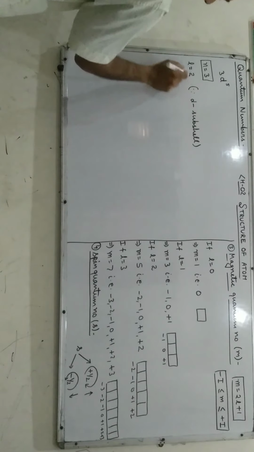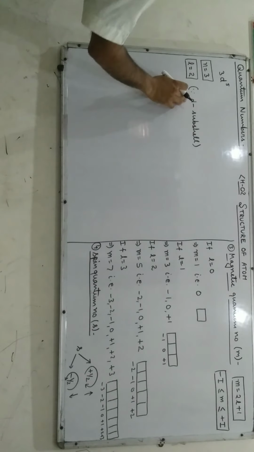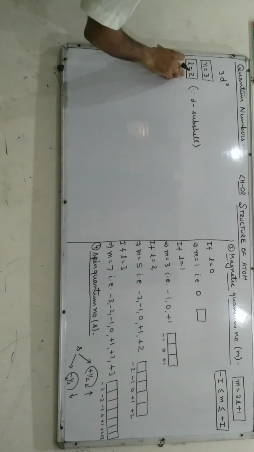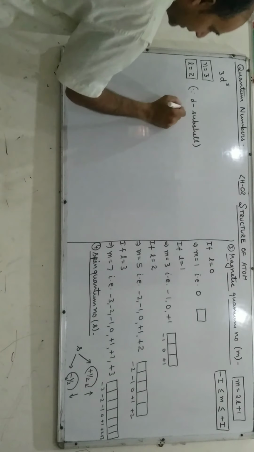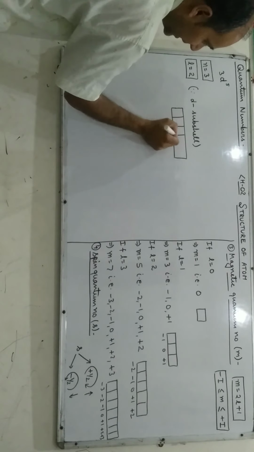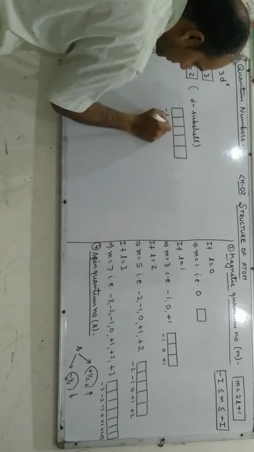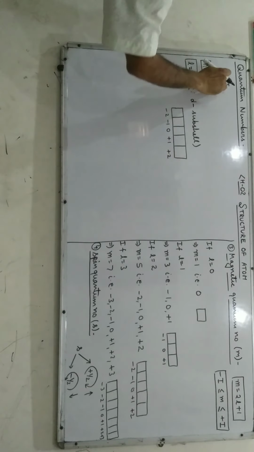For the s subshell the value of l is 0, for p it is 1, and for d it is 2. That's why here I write l is equal to 2, since the d subshell is there. The d subshell contains a total of 5 orbitals whose orientations are from minus 2 to plus 2. The total number of electrons is 5.